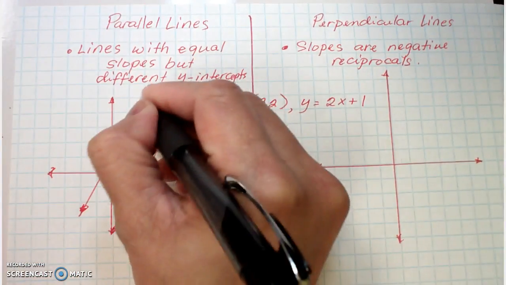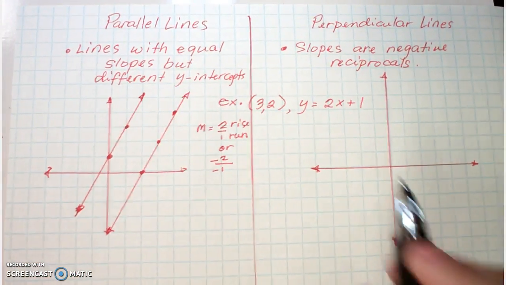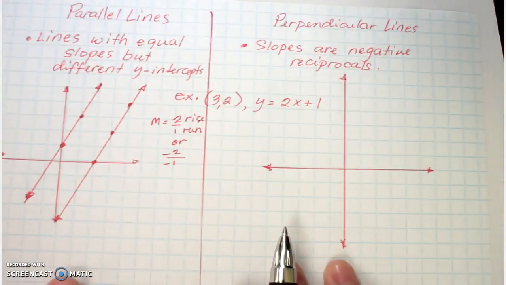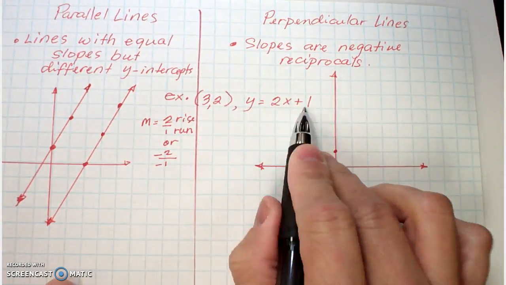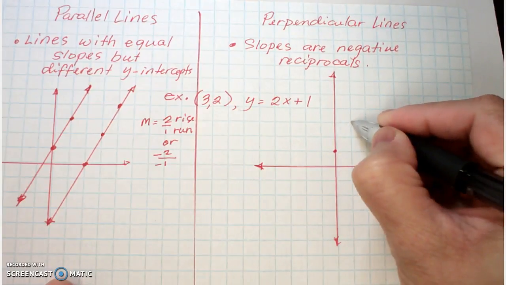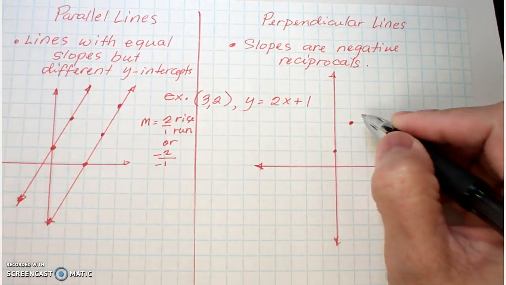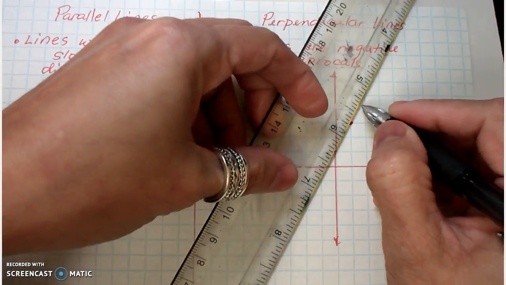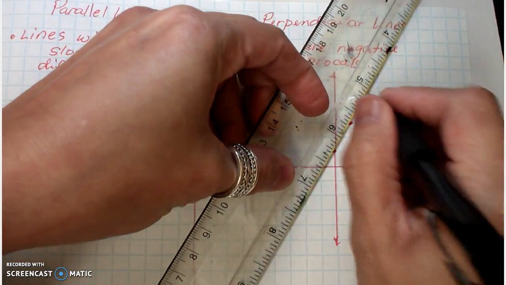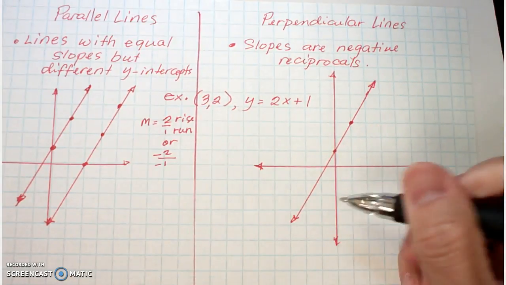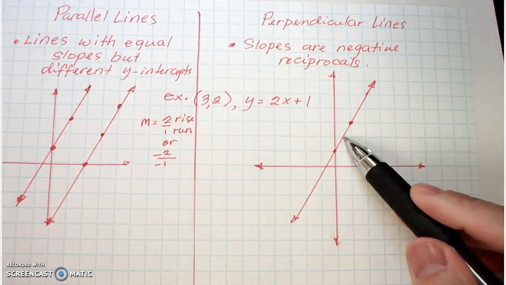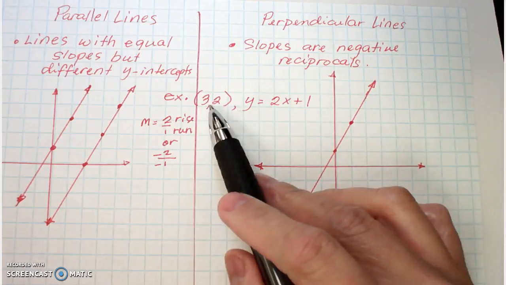So let us now go to our perpendicular lines. So again, I'm graphing this first, and that's rise up 2, run 1. So this is my line. And I'm going to create a perpendicular line to this one that passes through this point.